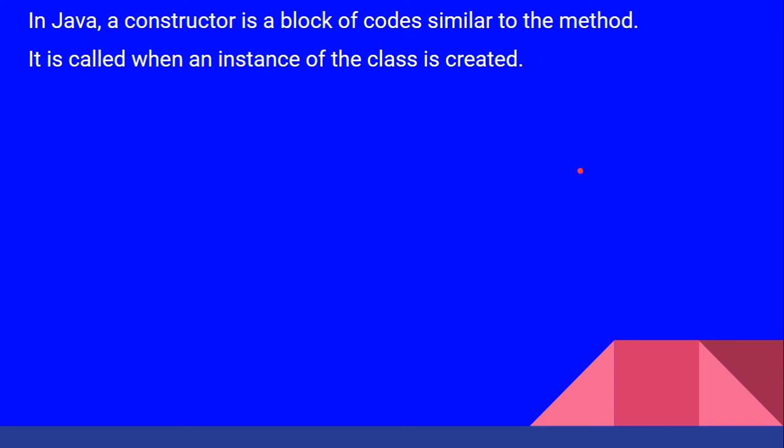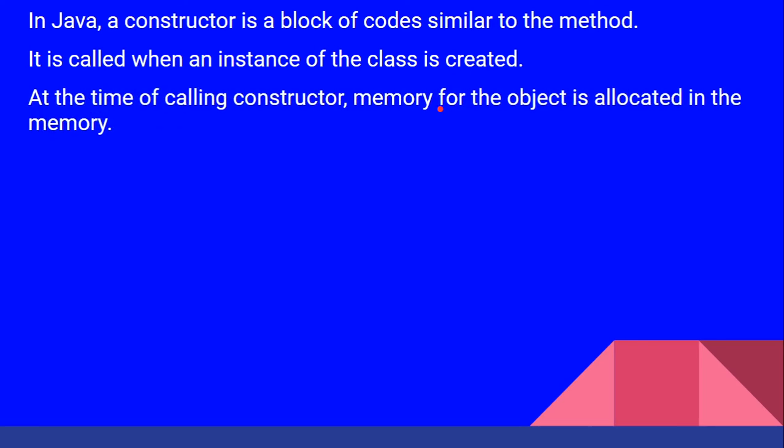It creates a data memory area for the data, and that is when an object is instantiated, the constructor is called. It is called when an instance of the class is created. What this means is, for a class you create an object. Once you create an object, the default constructor is automatically called by the system to create the space for the data of the class or members of the class.